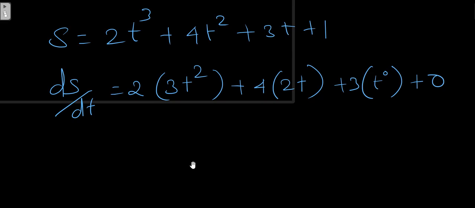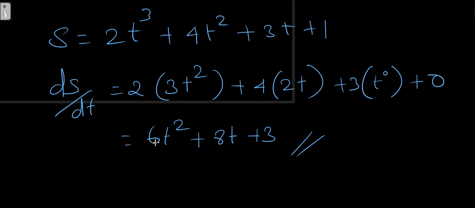So now we have the differentiation form, that is displacement differentiated with respect to time. So it is 6t square plus 8t plus 3 plus 0. This is the answer. Finally it is reduced to this form.